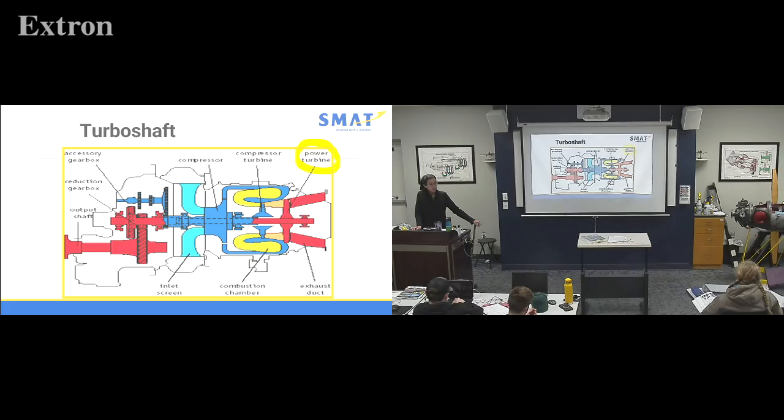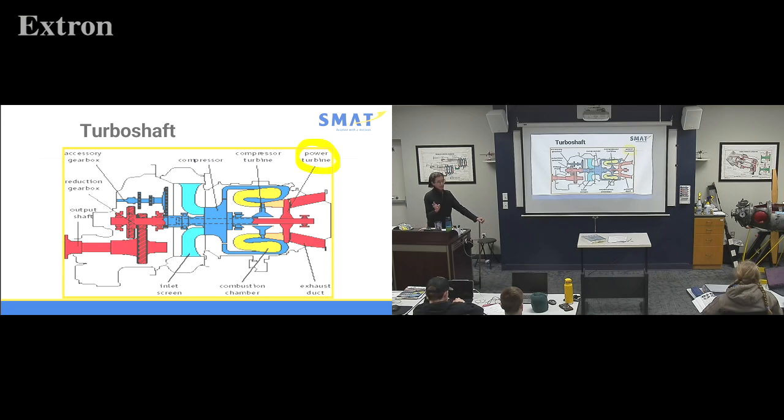Any questions on turboprop and turboshaft, where the energy is used to drive a shaft? On a turboshaft, your turbine and your compressors are always connected. On a turboprop, you have a turbine with your compressors, but they're not necessarily connected.